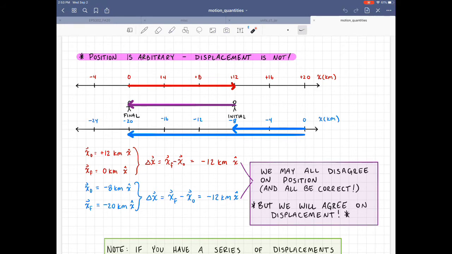Because that corresponds to a change in position, and the change in position is essentially set by what happens in the motion. It doesn't actually matter what grid I put down and what I number things. All that matters is that the position has changed, and in this case that displacement was 12 kilometers to the left, or negative 12.